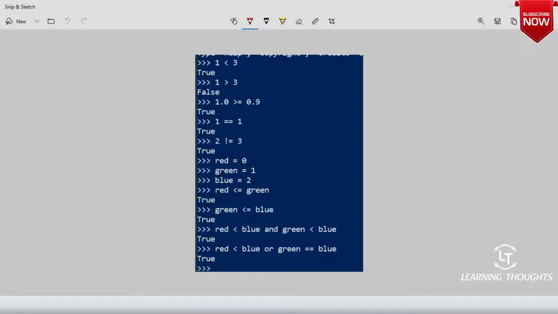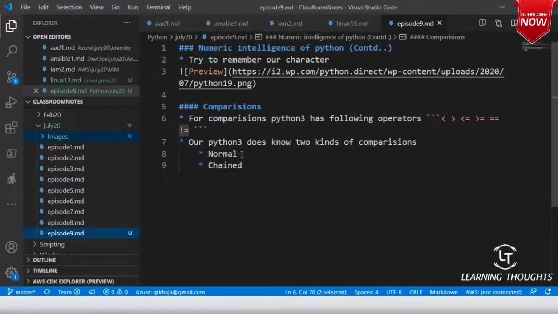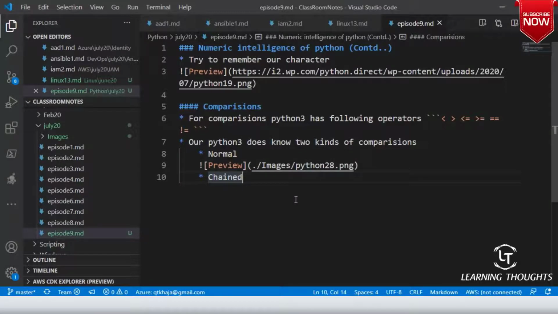Okay, good. 28. So I will not write any description in normal. I'll simply try to put this image, review dot slash images slash python 28.png.